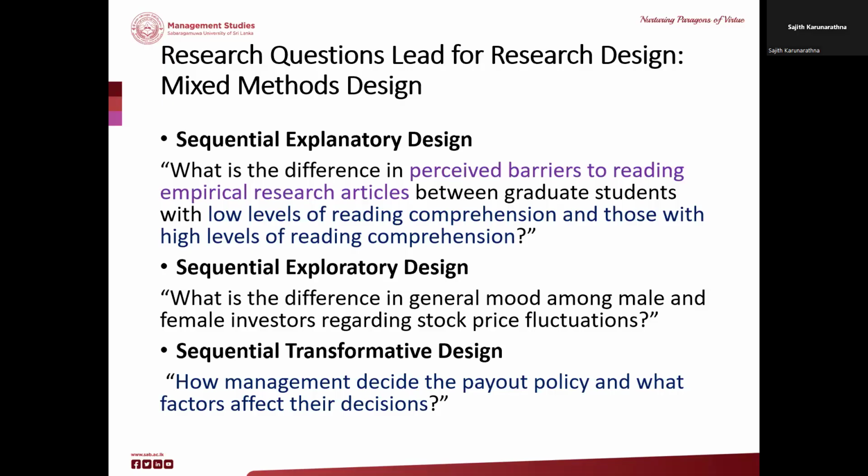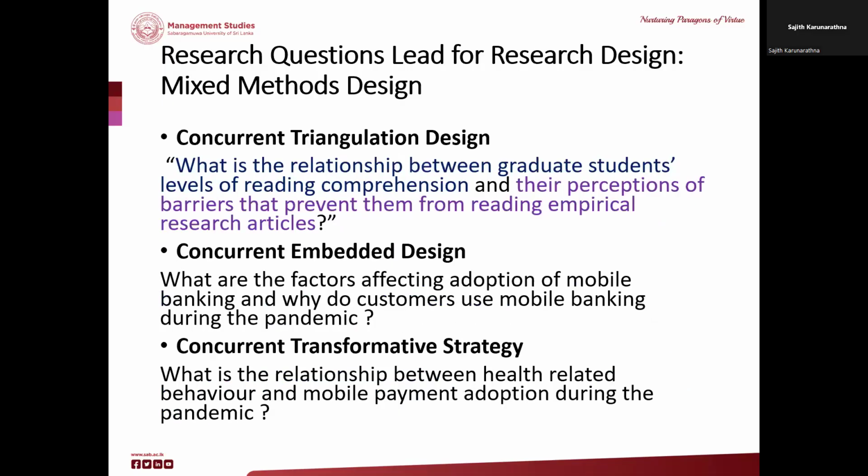The next design is concurrent triangulation design. In concurrent triangulation, the data collection and analysis of quali and quanti phases happen at the same time. For example, assume that the low level of reading comprehension and the high level of reading comprehension is already known.